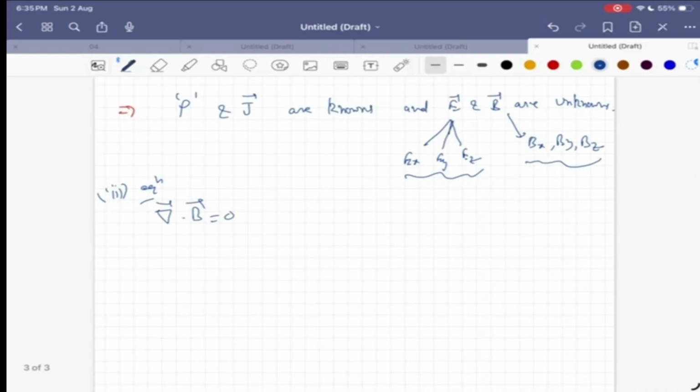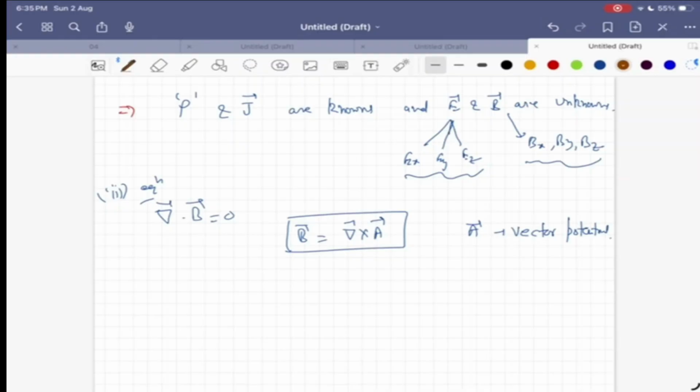Divergence of something is 0 means something can be written as curl of any vector field. We call this vector field a vector potential. So I can write B as del cross A, because this guarantees that del dot B is always 0. Divergence of a curl is always 0.